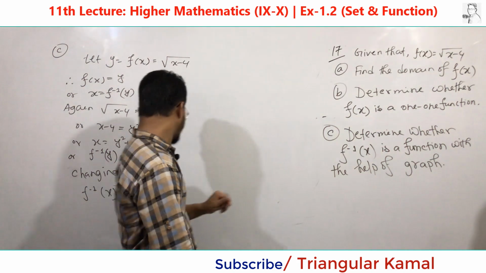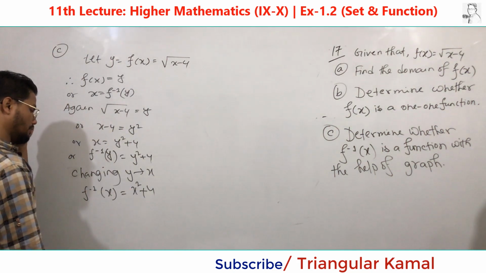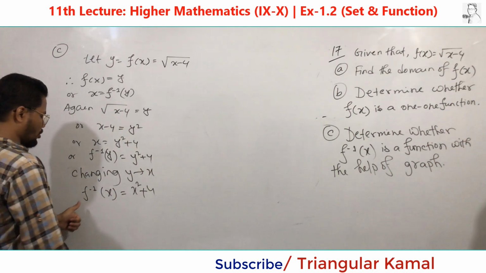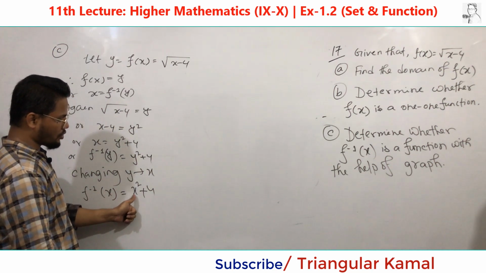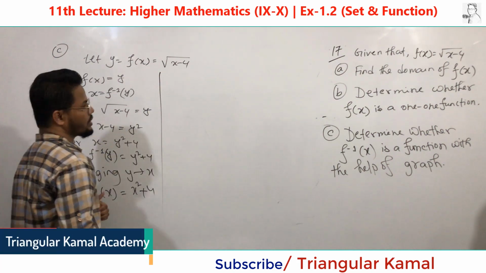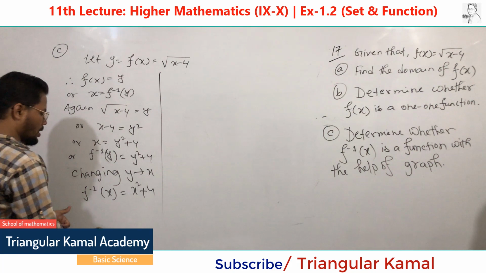First step we have done right. Now we will find different values of f inverse x by applying the corresponding values of x. Now give attention to the second part. We are going to draw a graph here.